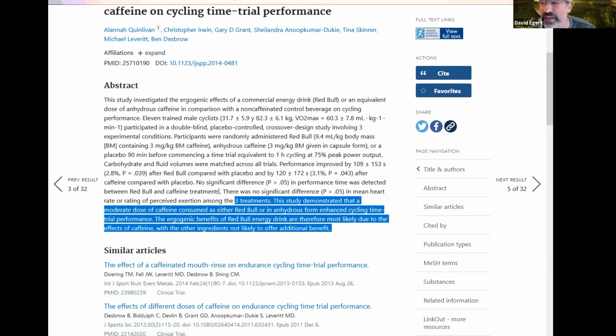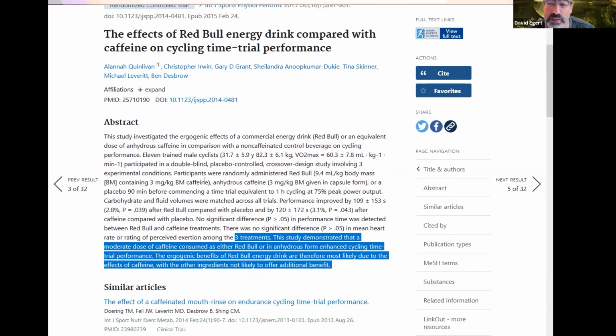So this one is saying, okay, Red Bull might help give you wings, but also snorting a line of pure powdered caffeine will do the same thing for you. Doesn't have to be a Red Bull. So the more you look, the more complete a story you'll have of what is actually going on out there.